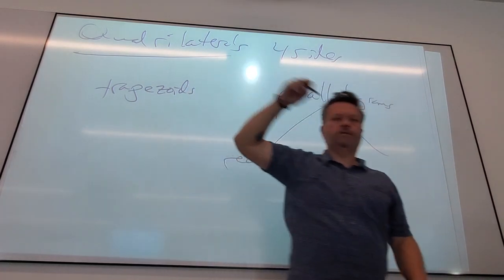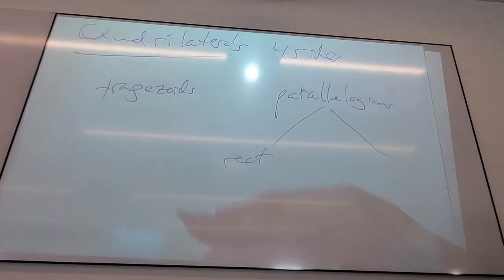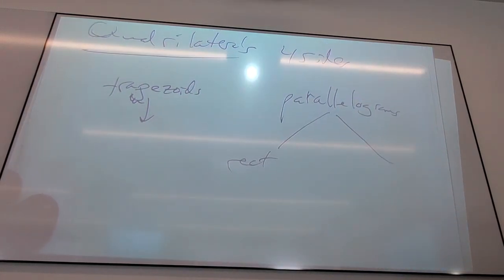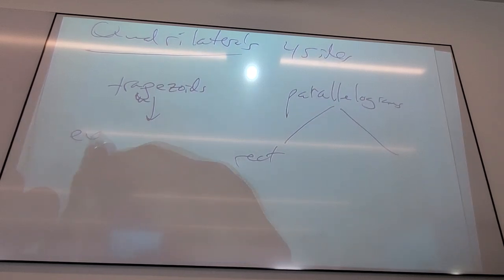Now, real quick, this is not what you're really asking for, but quadrilaterals are four-sided. What's the definition of a trapezoid? One pair of parallel sides? Yes, exactly one pair of parallel sides. And that's why it's off by itself, yes?